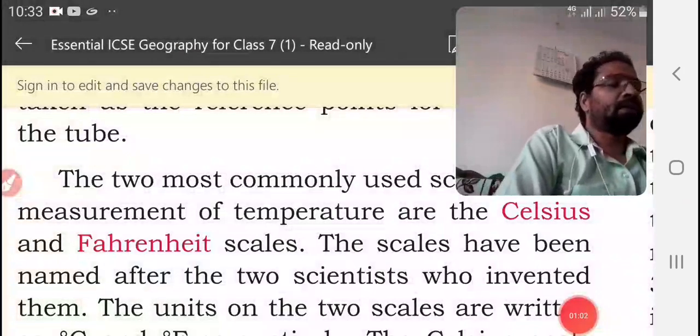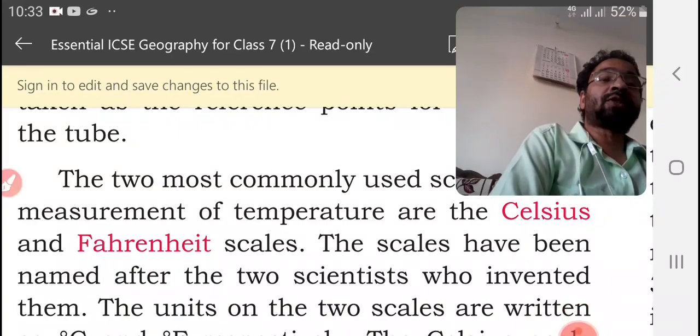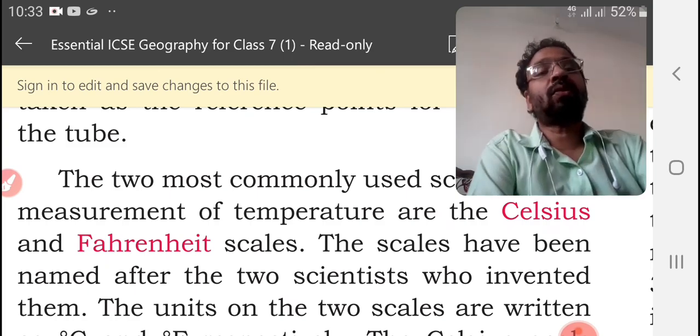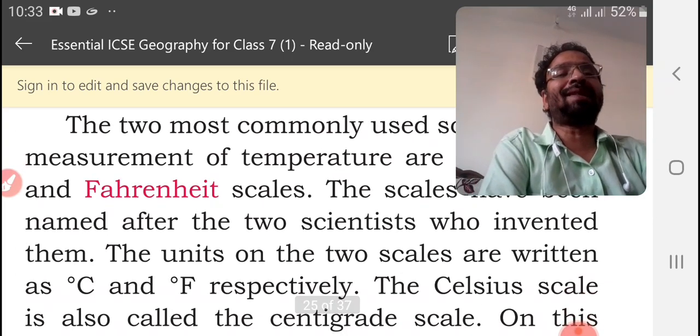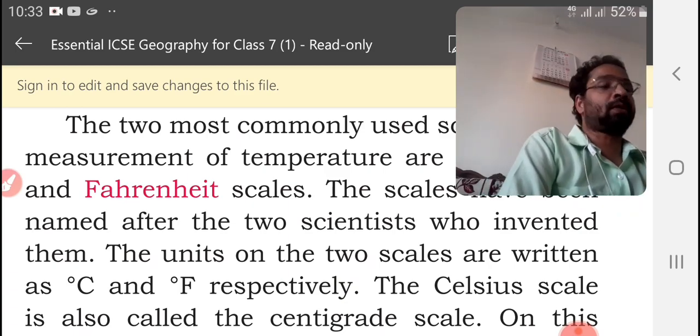Dear students, last session we discussed what a thermometer is. A thermometer is a device which is used to measure temperature. It is a narrow, thin tube which is filled with mercury or alcohol.